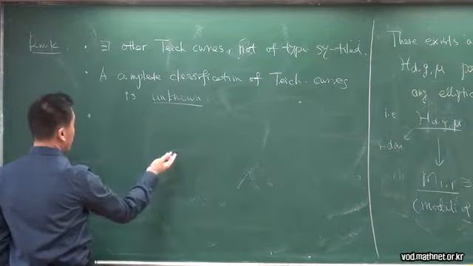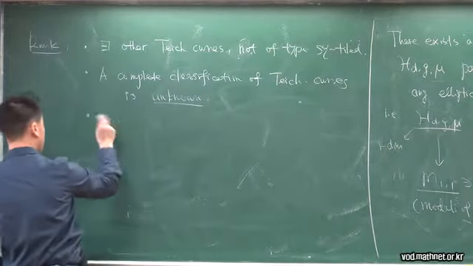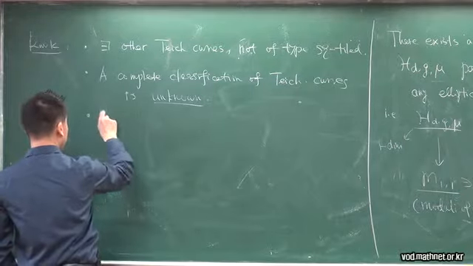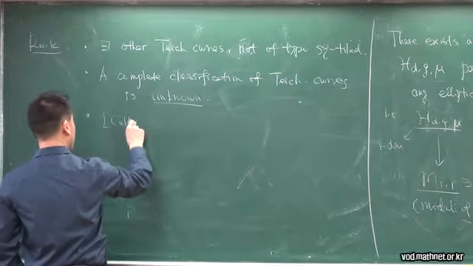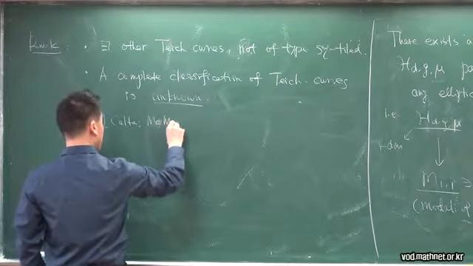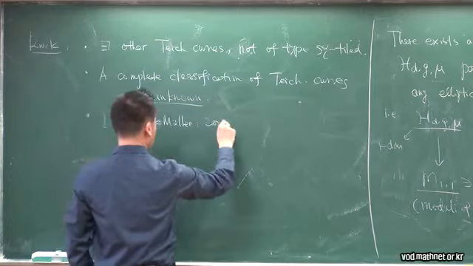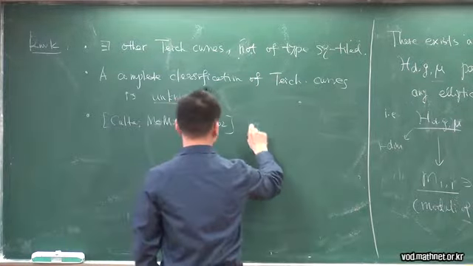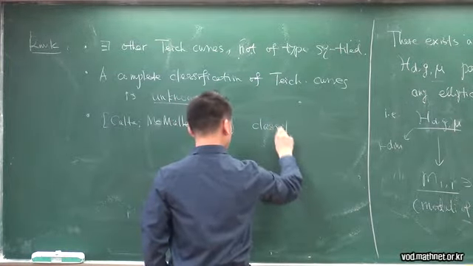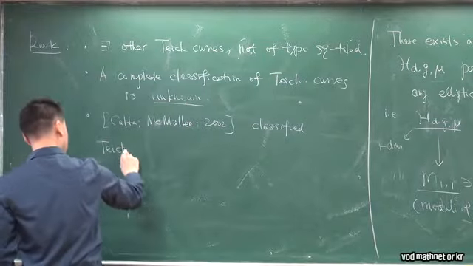And maybe let me just mention one known result. There is some other recent progress, but let me just mention one result. So in genus 2, Calta and McMullen, I think this is both around the year 2002, something like that, they classified Teichmueller curves in genus 2.